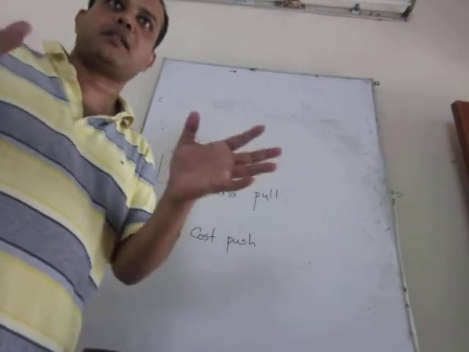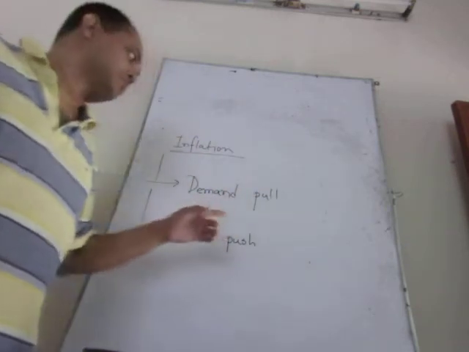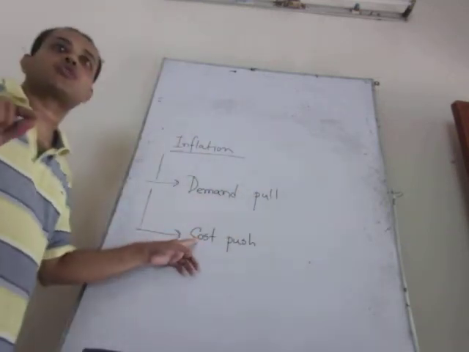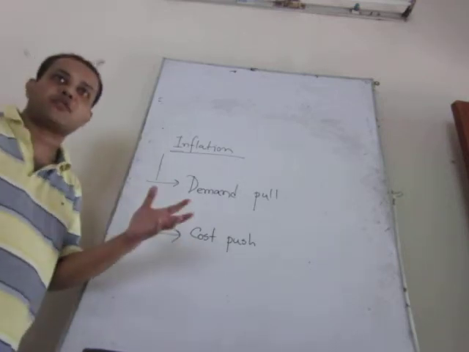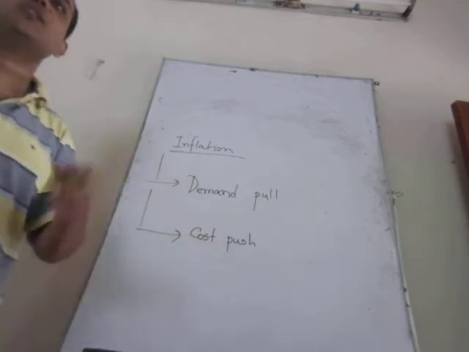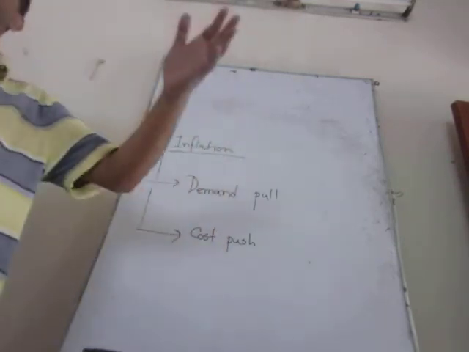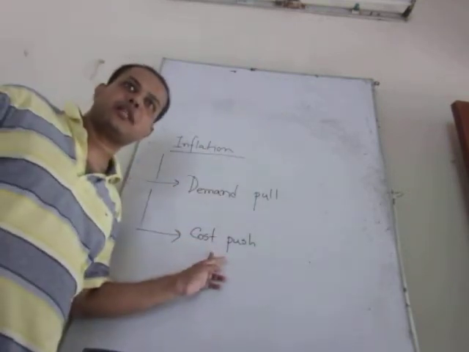Clear? So these are the things. When the cost of factors of production is uprised, this is called cost push inflation. Cost push inflation means when you have a huge cost related to factors of production, you are pushed to increase the price. Clear? So this is called cost push inflation.